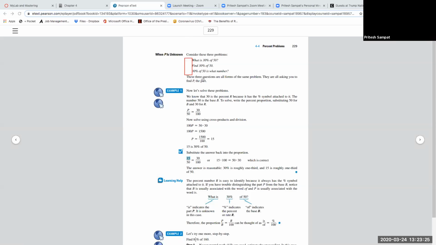So try to get familiar with this setup of the terms in your word problem or applied problems. So what is 30% of 50? Find 30% of 50. 30% of 50 is what number? So it's the same problem, but it's being presented to you in 3 different ways. I'm going to switch to the whiteboard and we'll break that problem down for example 1.